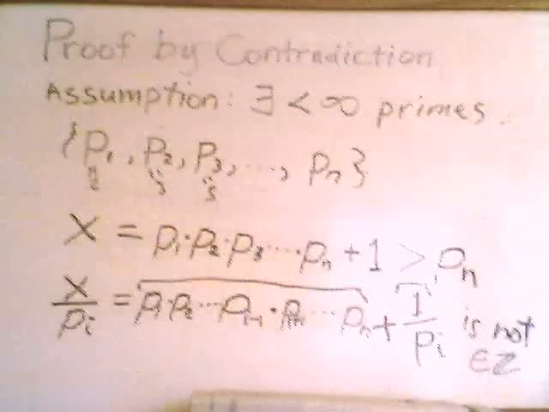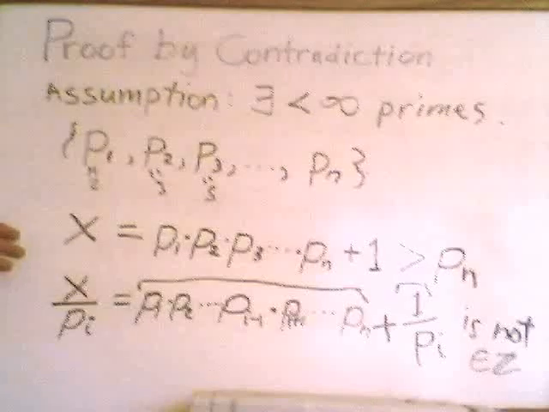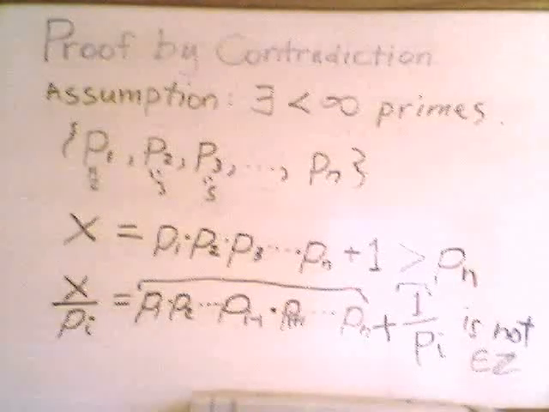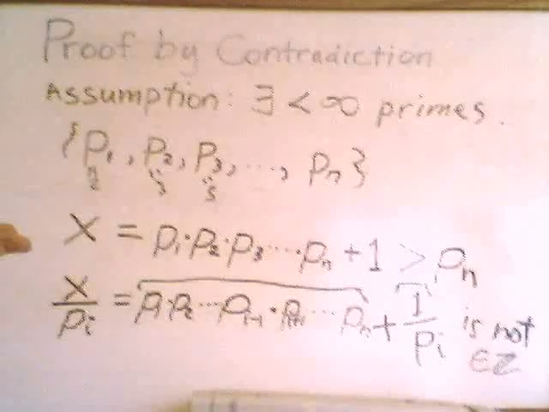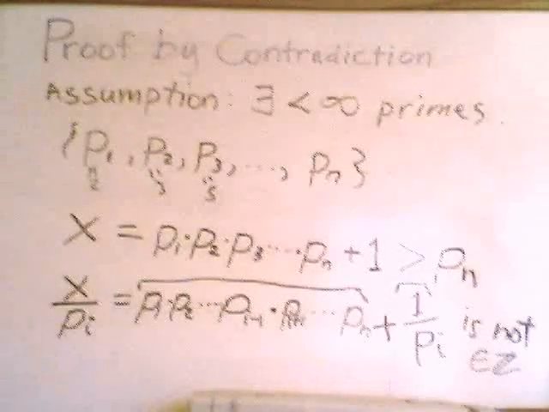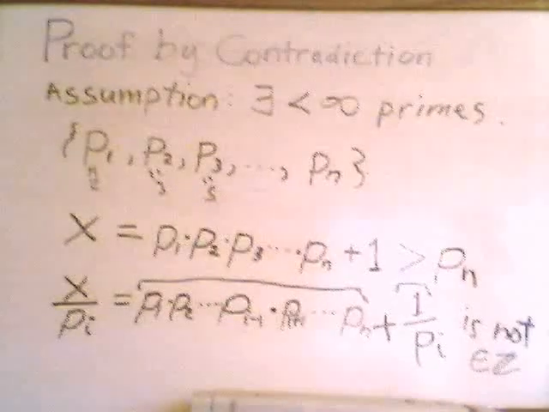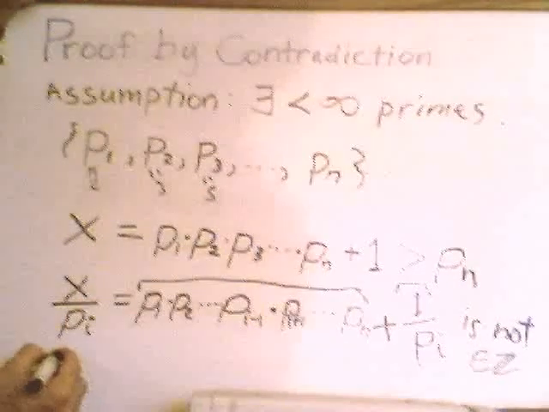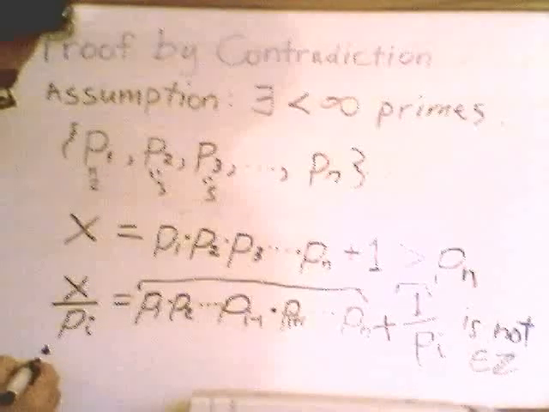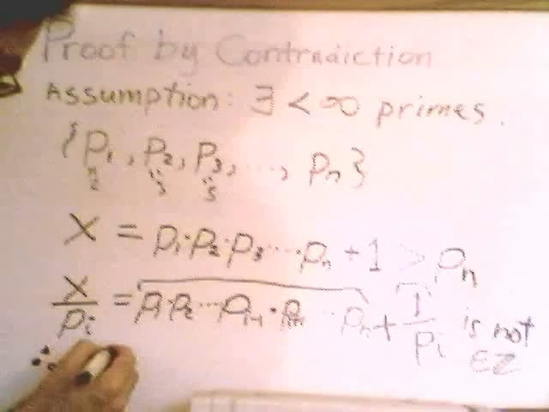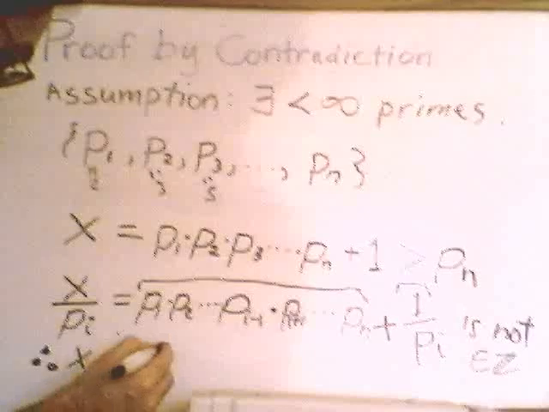But if none of these pi are factors, then we have to conclude that x itself must be a prime. Or in fact, it must be a prime that's not in this list. Therefore, x is a prime.